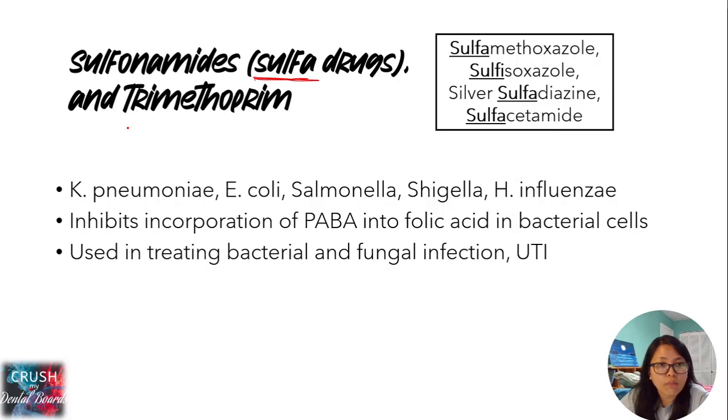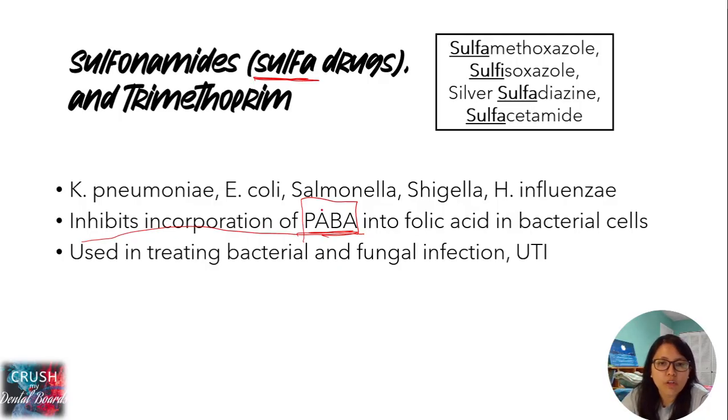Basically, sulfonamides and your trimethoprim work by inhibiting the incorporation of PABA into folic acid in bacterial cells. So, PABA is needed by your bacterium. It is very important in the metabolism of your bacterial cells.